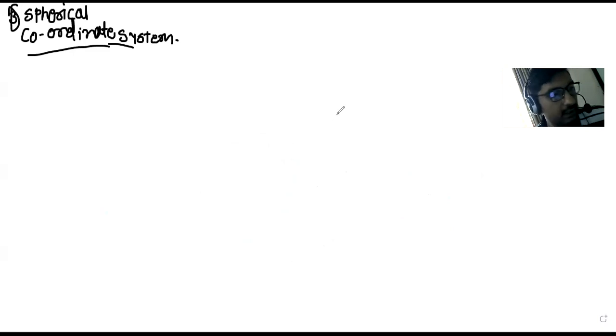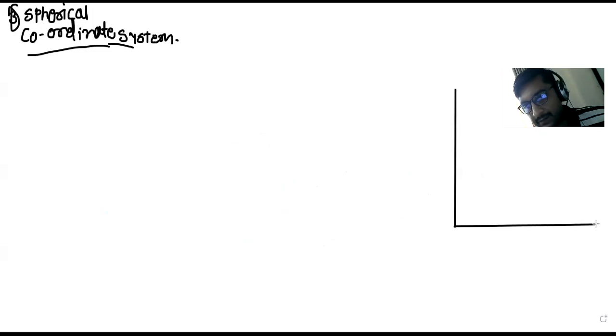So let me draw here. This is your z-axis. This would be a y-axis, and this is the x-axis, right?